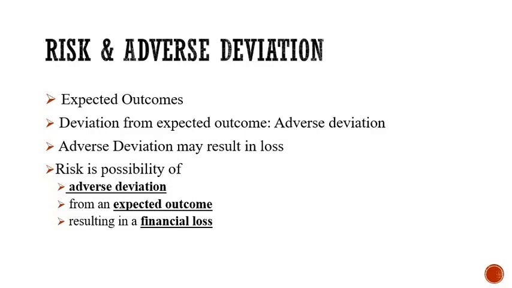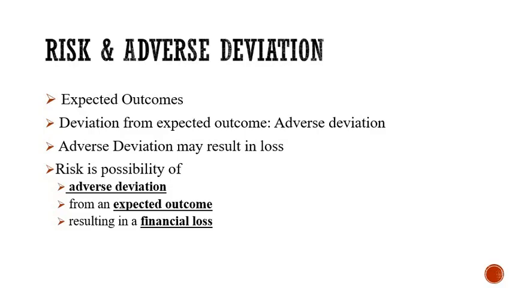So, in all these uncertain events we mentioned, there is an expected outcome, as noted in the textbook, or more precisely, a desired outcome. However, there is a deviation from the expected or desired outcome. If this deviation is adverse to the expected or desired outcome, it is known as adverse deviation. Now, this deviation may result in a loss or not.